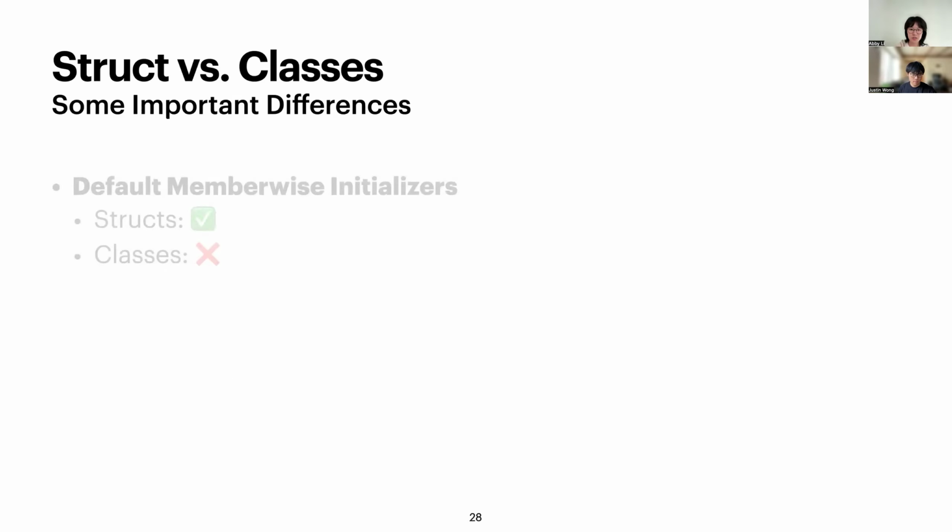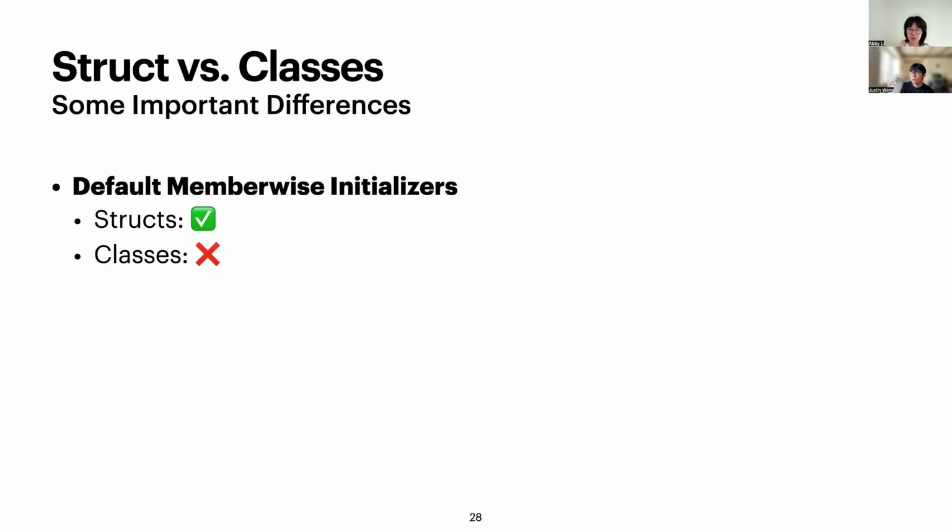And here are some differences that matter most right now. Structs get a default memberwise initializer, while classes do not.